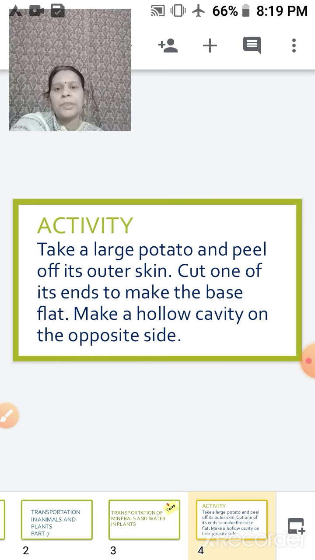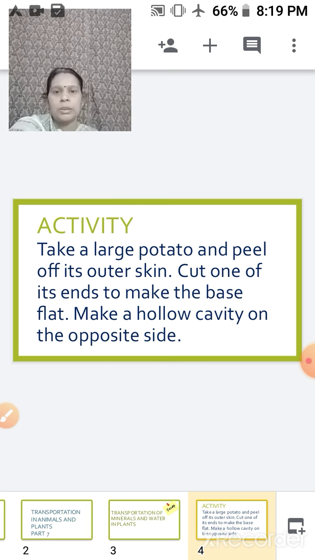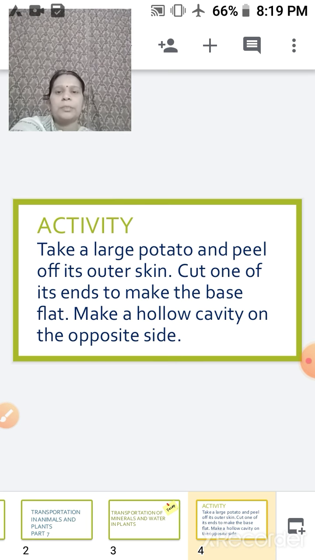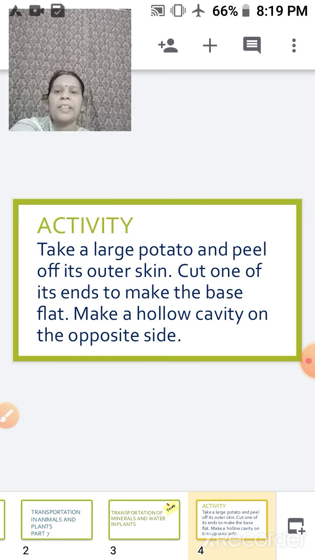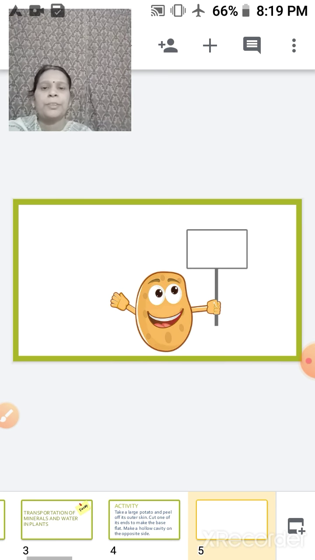For this activity, we will take one large potato, remove the skin of it, and cut one of its ends to make the base flat. Now we will make a hollow cavity on the opposite side of it.